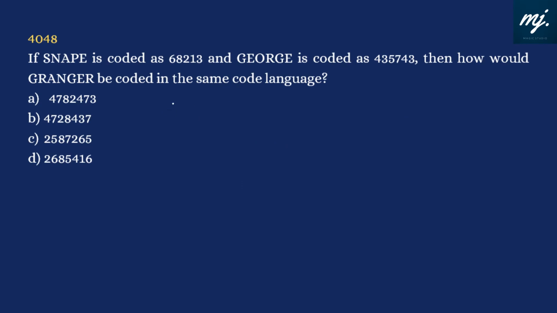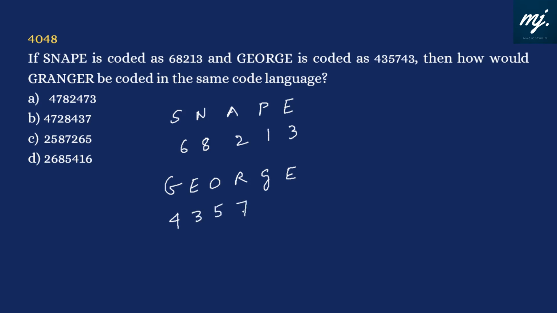One more coding, but this time with names, alphabets and numbers. SNAPE is 68213, and GEORGE is 43573. So that means these numbers are matching with these.